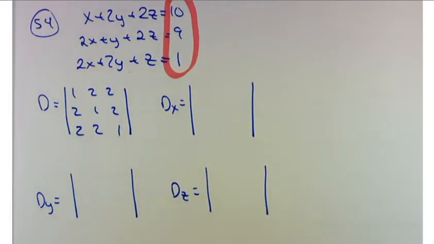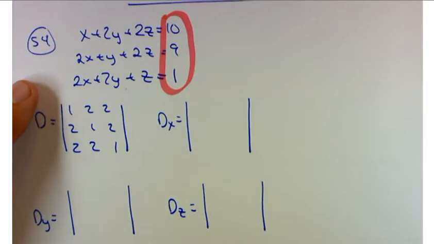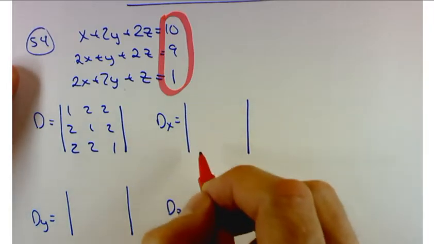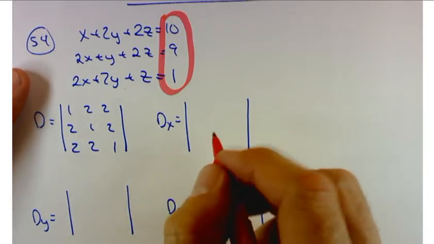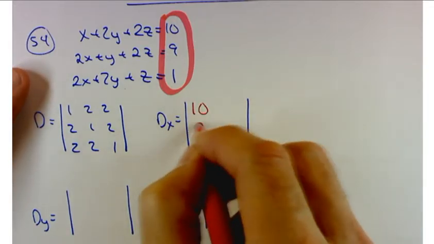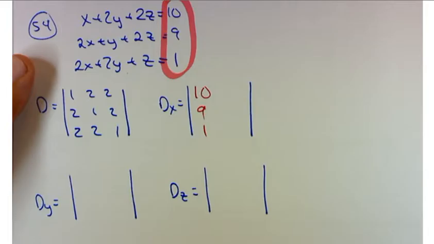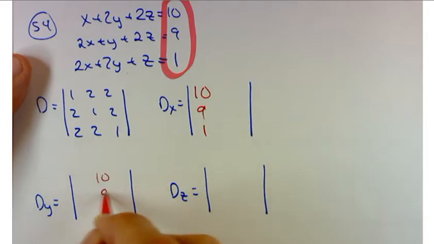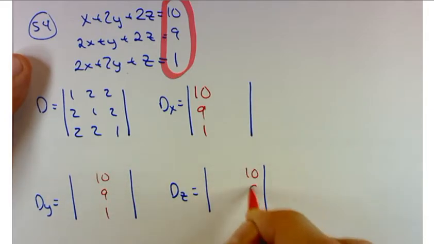So as far as dx is concerned, anyone want to take a stab at dx? I know I haven't mentioned it yet. What should the first column of dx be, do you think? 10, 9, and 1. In fact, let's take that 10, 9, and 1 and do this. I'm going to write it in the first column, and then in the second column, and finally in the third column. 10, 9, and 1.